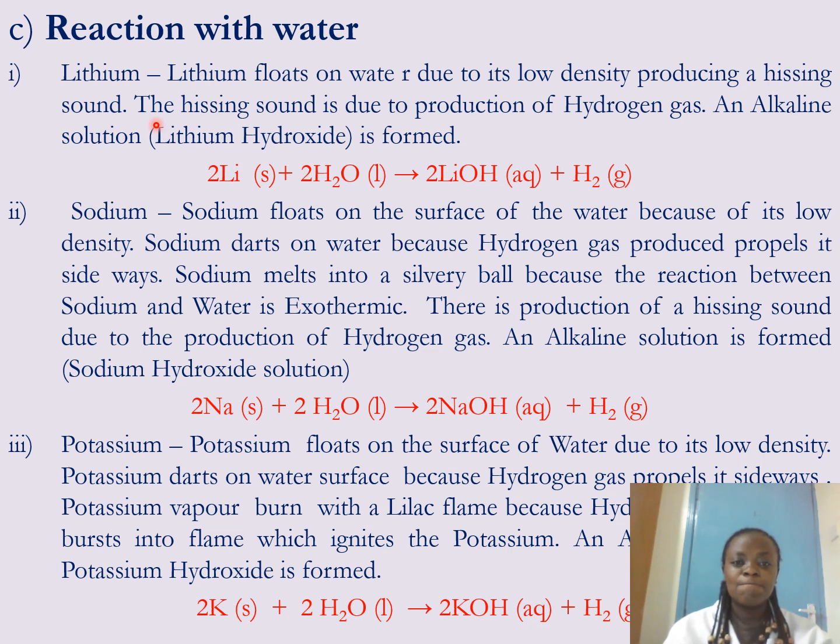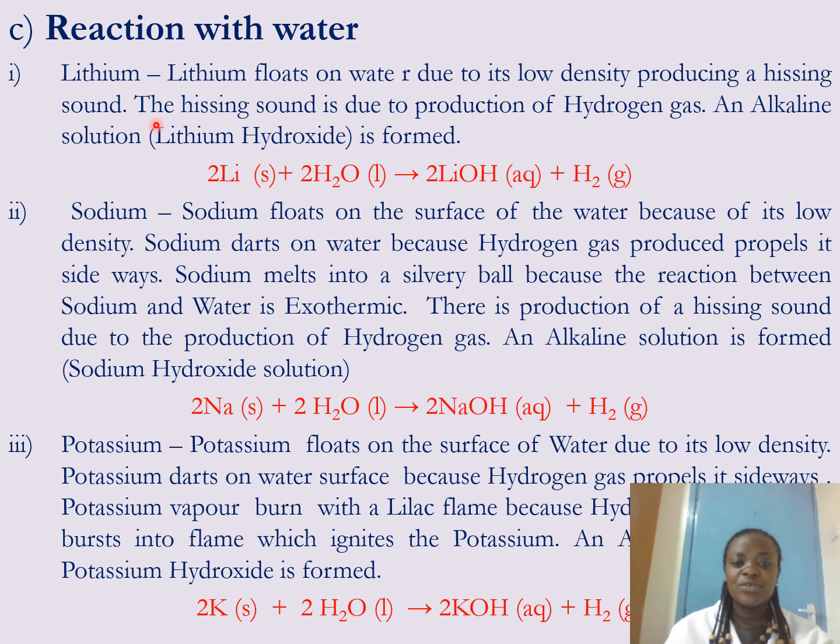Lithium floats on water. This is due to its low density. It also produces a hissing sound. This hissing sound means there is production of a gas, and we know the gas being produced here is hydrogen gas.